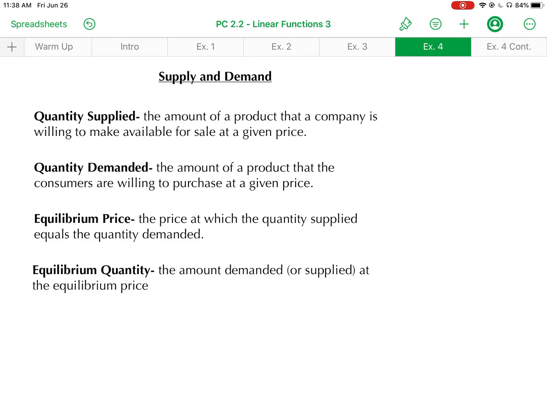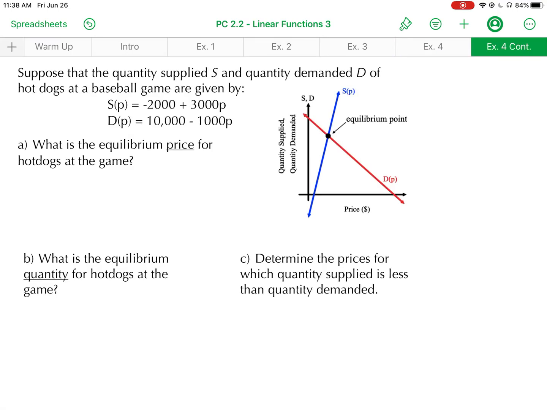Okay. So here is a very, very sophisticated example involving supply and demand. Selling hot dogs at a baseball game. Okay. I have two equations here. I have a supply equation and a demand equation. Suppose the quantity supplied S and quantity demanded D of hot dogs at a baseball game are given by these two functions.